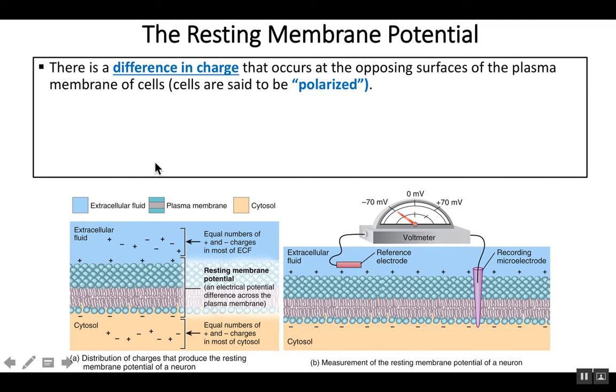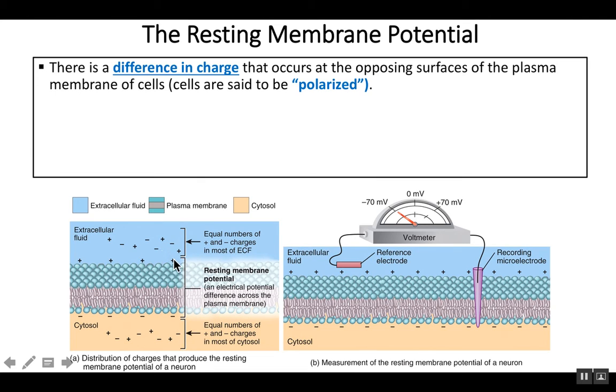So let's take a look at this panel down here. What we have is a plasma membrane. They're telling us that this is the inside of a cell, this is the outside of a cell. If we add up all the positives and negatives, a lot of them negate one another, right? So you might have equal number of charges, and then there would be a net 0.